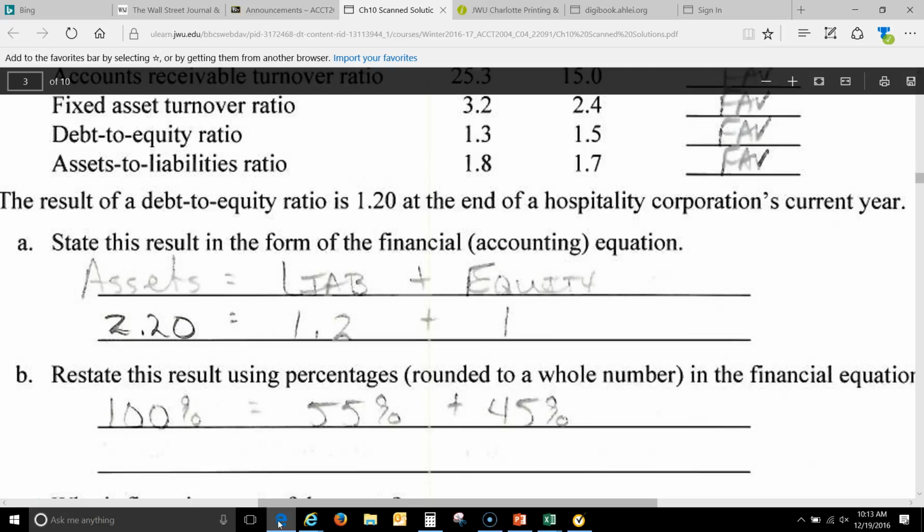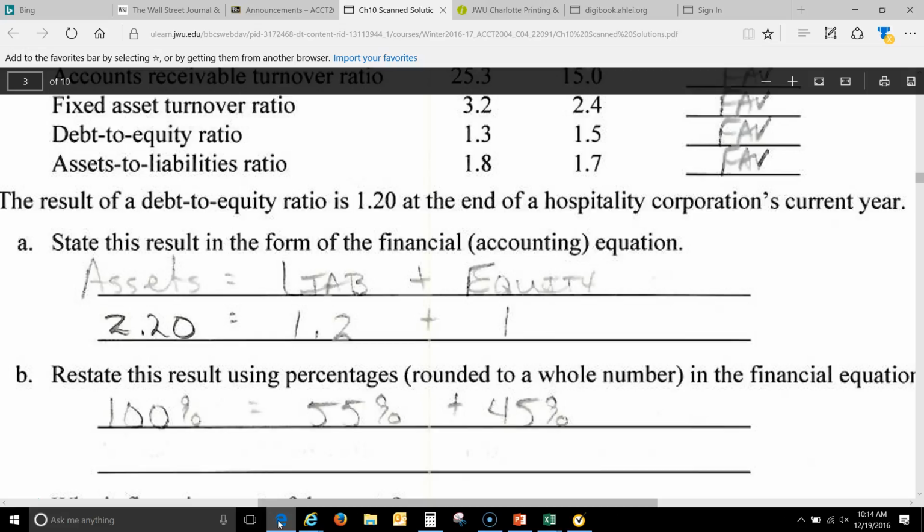So just assume 100%. In this particular case, assets immediately become 100%. That becomes our common divisor. I rounded it up to whole percentages.